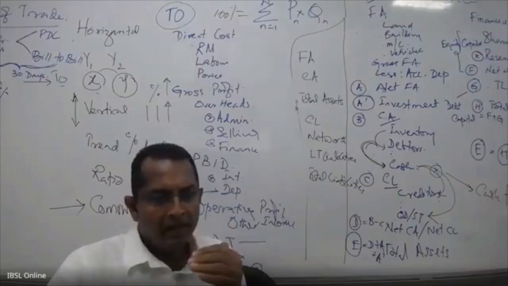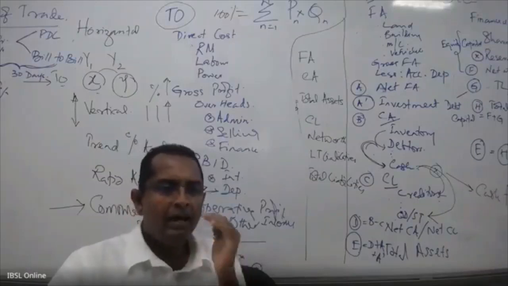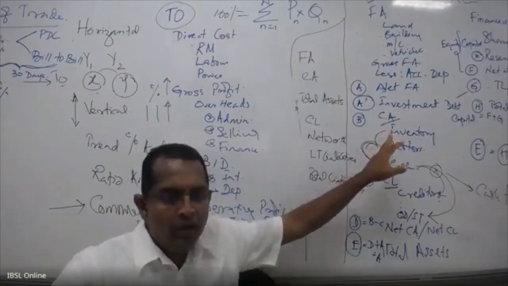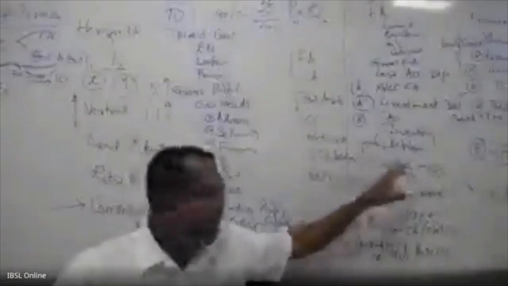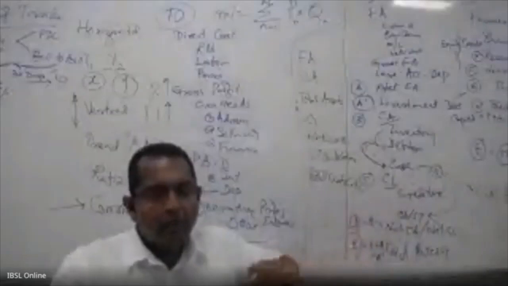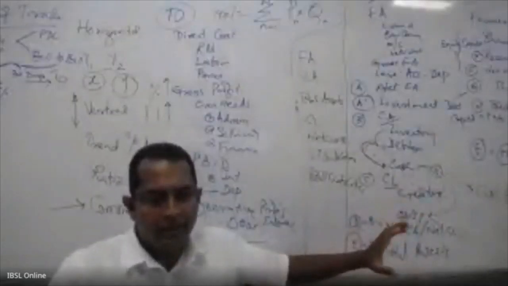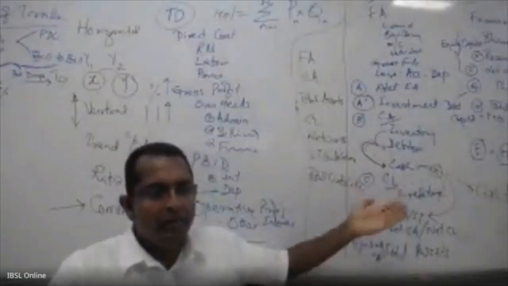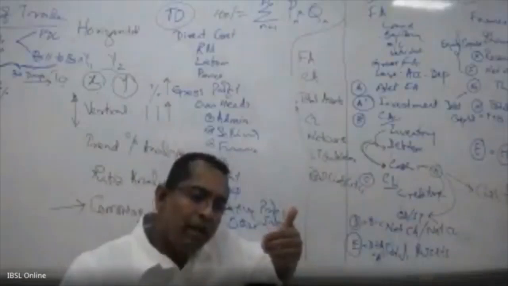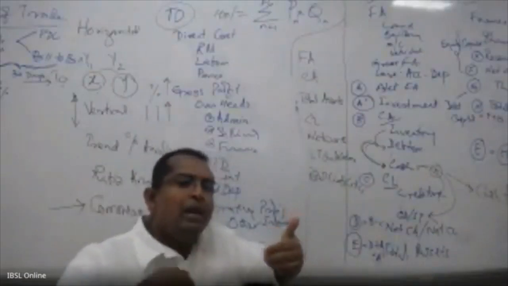Can you repeat it again? Yes. Current liabilities are settled by liquidating current assets. Inventory will be sold, debtors will be created and collected, so cash will improve. That cash will be used for creditors and OD settlement. It is not from the profitability that we are settling current liabilities. Current liabilities are settled by liquidating current assets, because when you settle a current liability, you can retake it.